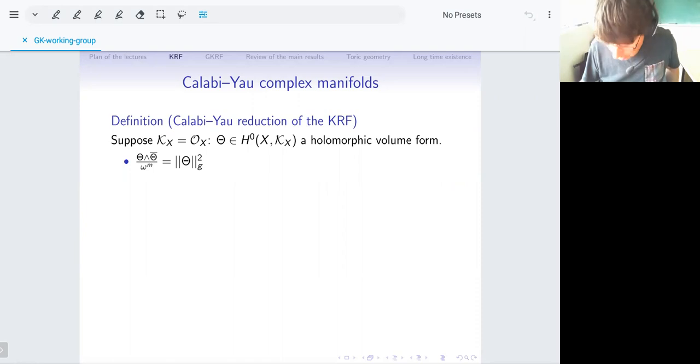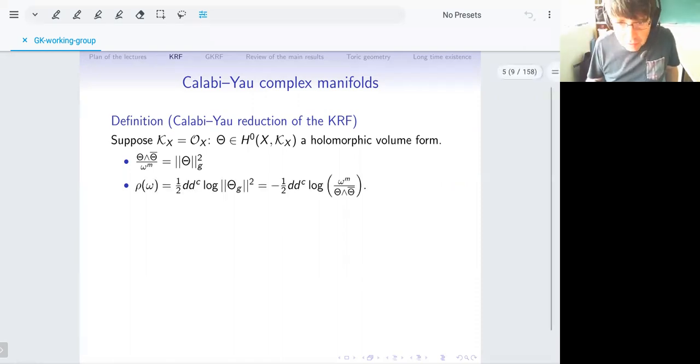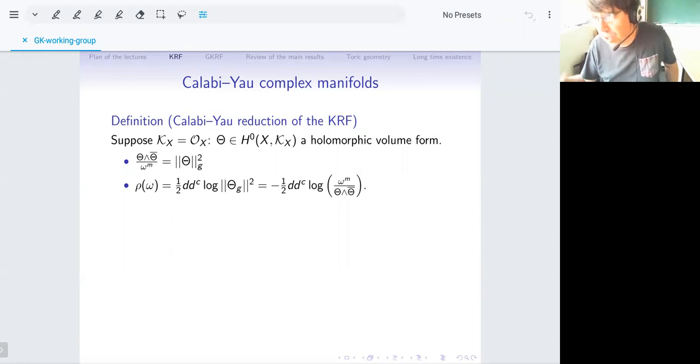And because of that, we now can write the Ricci form of a Kähler metric in general. The Ricci form is the curvature form of the induced connection on the anti-canonical bundle. So in this case, we have a section of the canonical bundle, and we know the norm, and we know that actually this will be 1 over 2 dd^c log this norm.